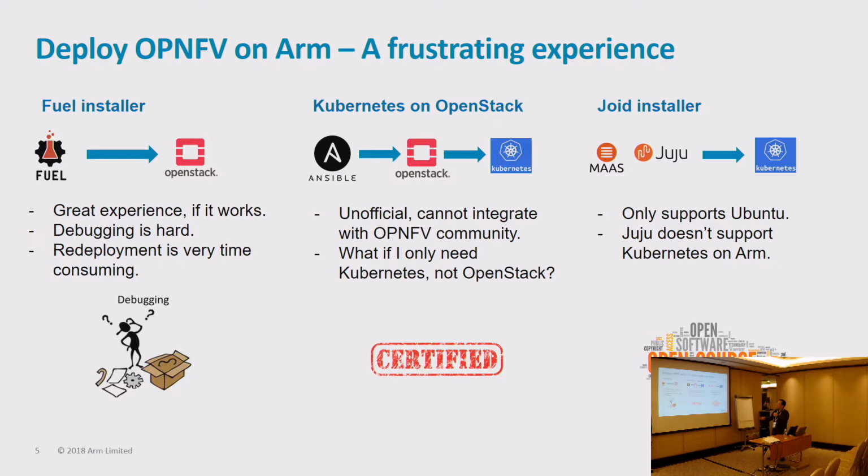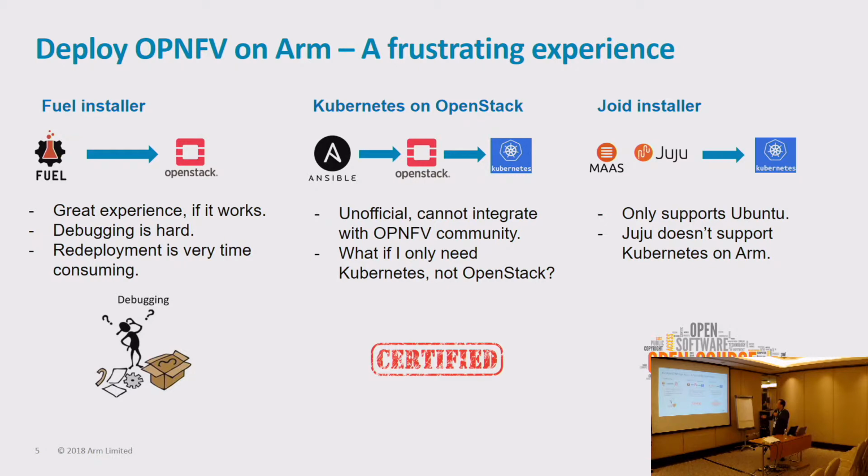But the problem is that this is an unofficial solution. It's designed by ourselves, so it's not an OPNFV community standard solution. This is a big problem, because we cannot integrate our installers and deployment processes with the standard OPNFV community.